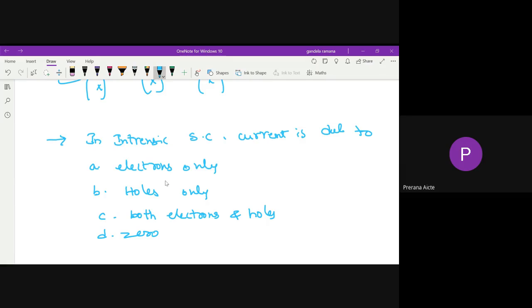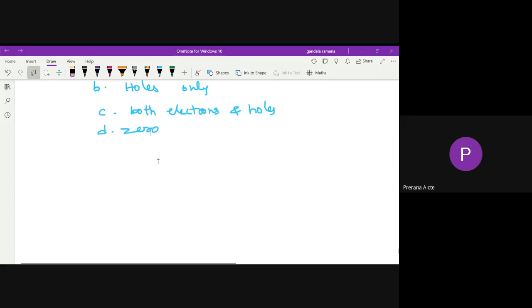Here the answer is both electrons and holes.